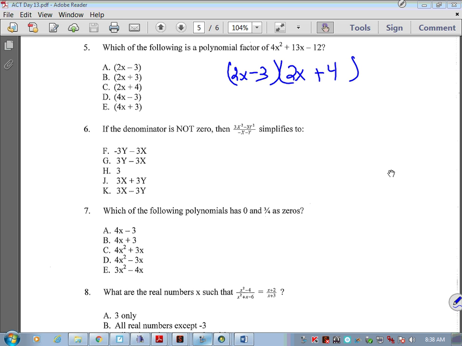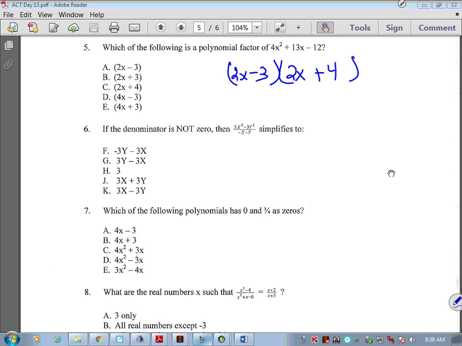So I'd have to see if that works anywhere else. Now it says which of the following is a polynomial factor. One of the clues that this probably doesn't work is that I'd have 2x minus 3 and 2x plus 4. Which one of those could possibly work? I can't pick them both, right? And let's see if it works the rest of the way around. That would be positive 8x minus 6x. Was that going to give me 13x? No. So neither one of those can work. Because if it was 2x plus 4, it would have to be 2x minus 3, right? So that doesn't work.